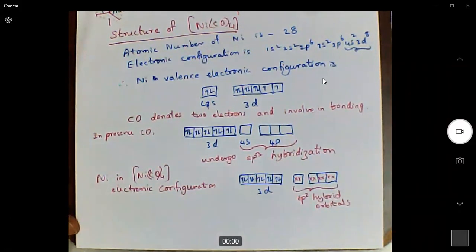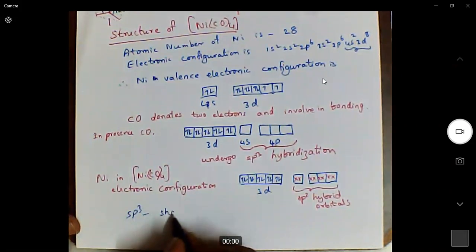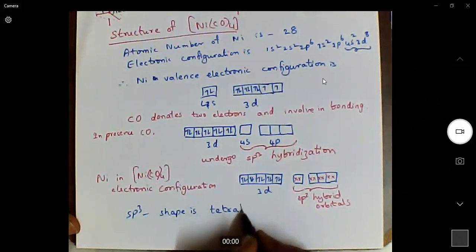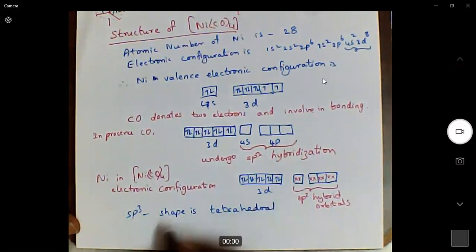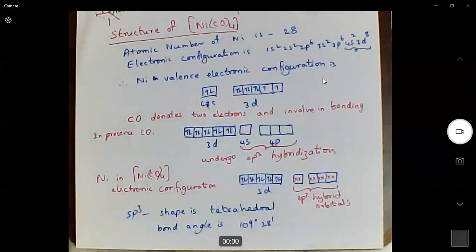Because of the sp3 hybridization, the shape is tetrahedral. Bond angle is 109 degrees 28 minutes. So this is how we explain the shape of nickel tetracarbonyl using the hybridization concept.